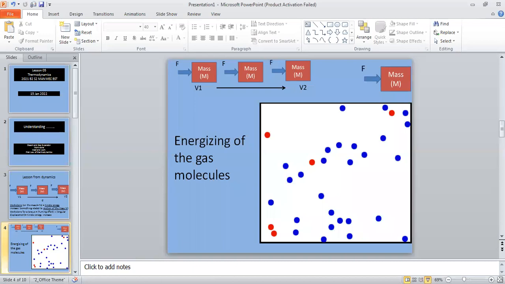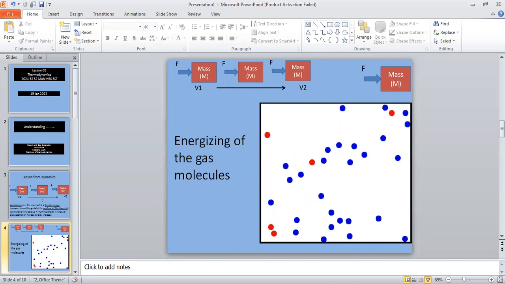So energizing. Here, this molecule's energy level, because of these molecular motions, we call internal energy.